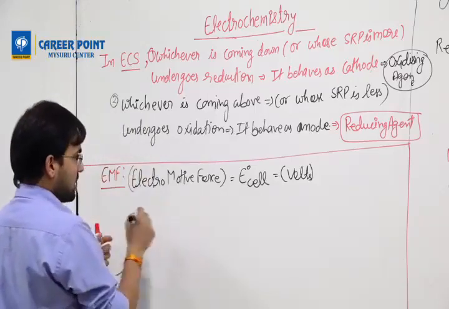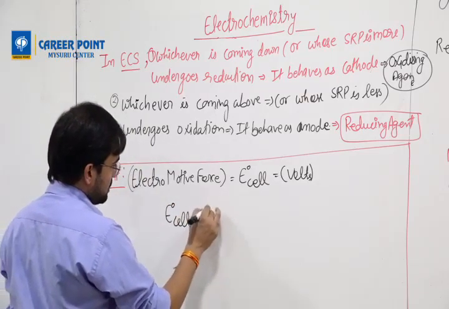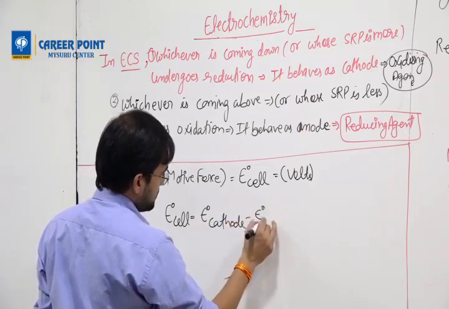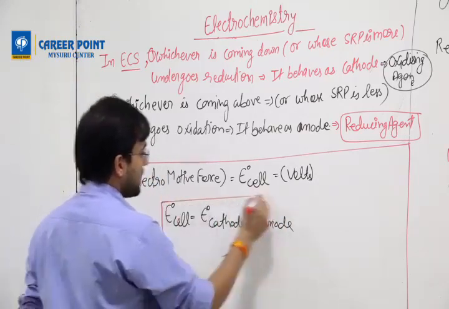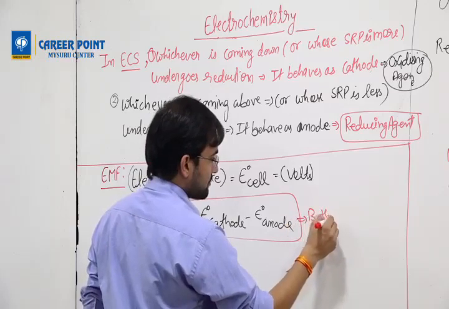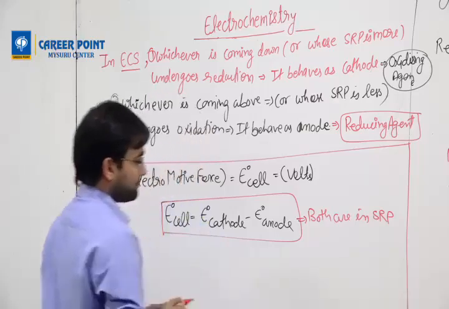Now it has its standard formula: E0 cell equals E0 of cathode minus E0 of anode. This formula you can use when both are in SRP.